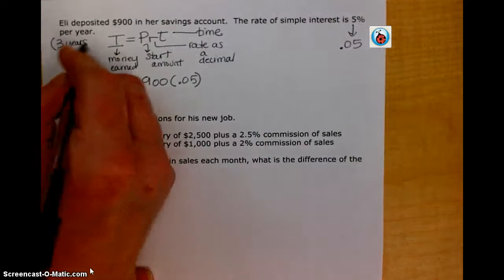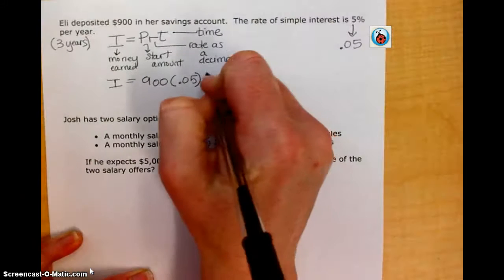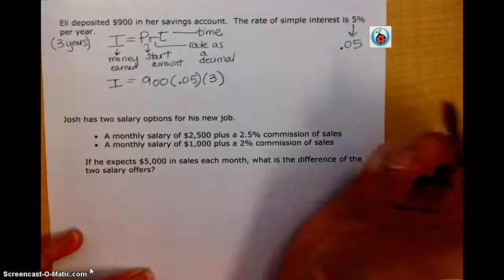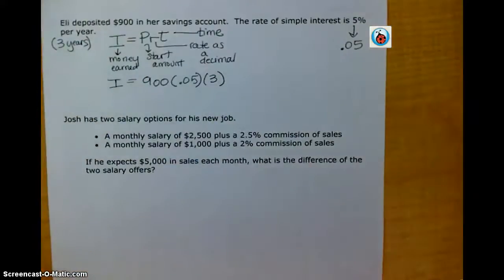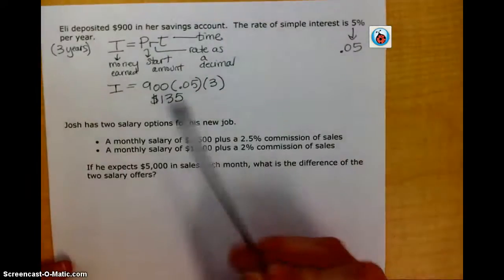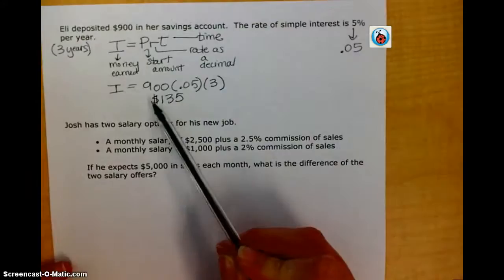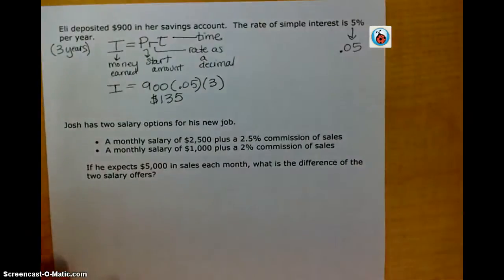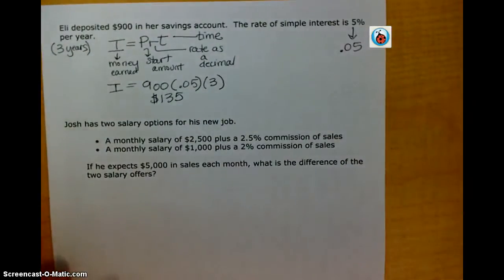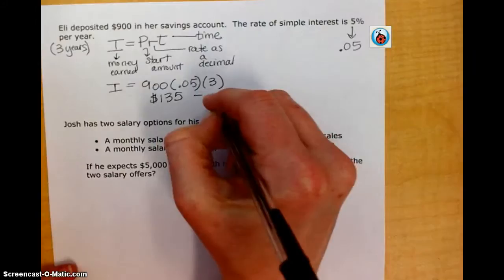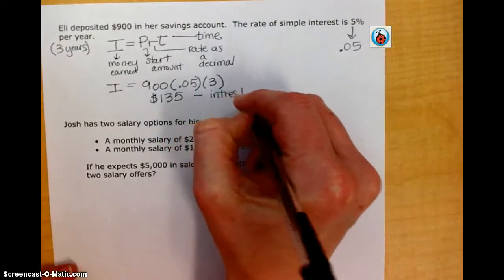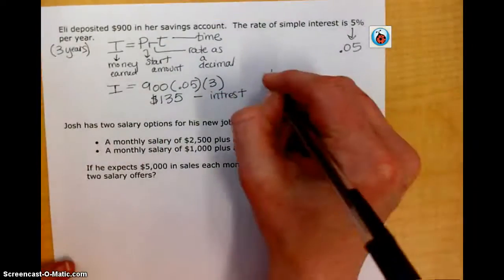Looks like Miss Koch did not copy the problem down all the way. So we'll put 3 years. Pause your video now to do your multiplication. Ellie will earn $135 in interest. So her interest is $135.